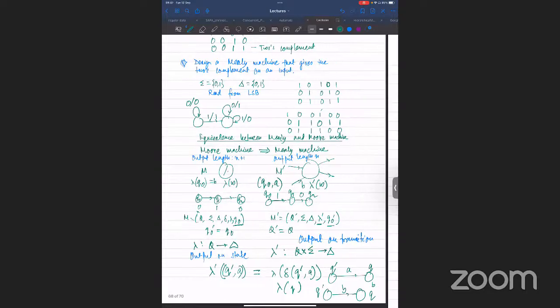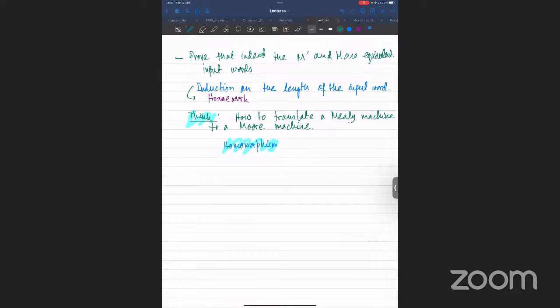Now we also talked about the other direction. So how do you do that? So what is the question?